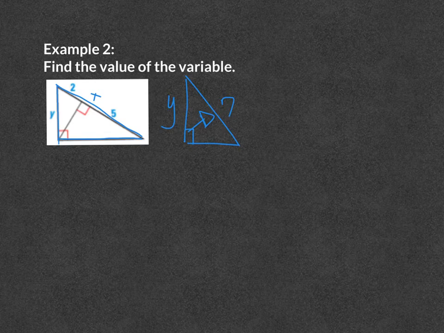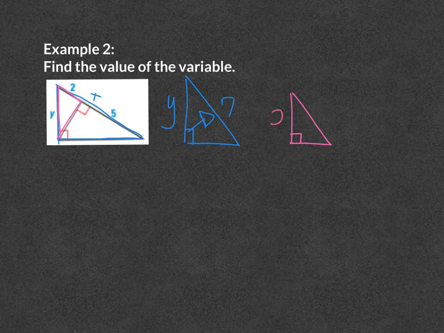Now my small triangle, which is the one in pink, I'm going to flip it and redraw it over here. So my height is going to be 2, and my hypotenuse across from the right angle is going to be y. I'm going to set it up as a proportion.